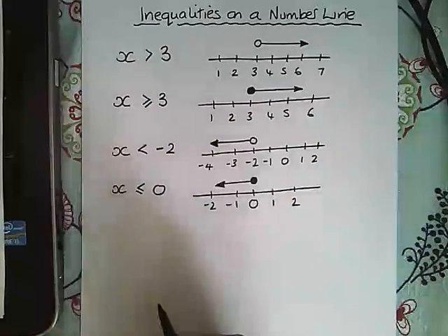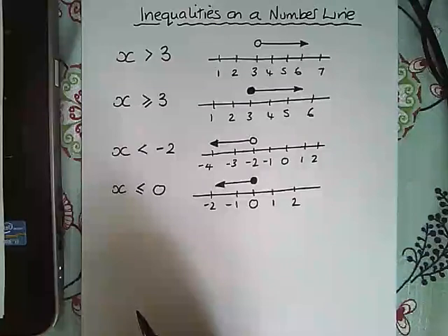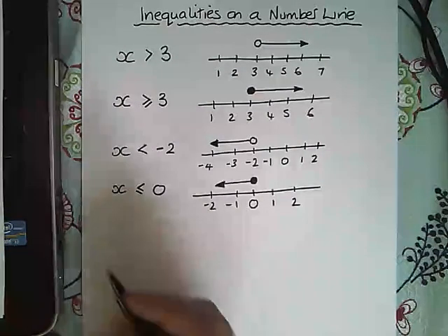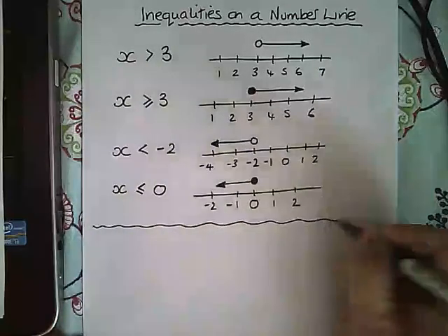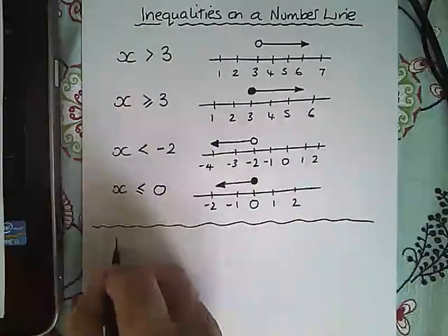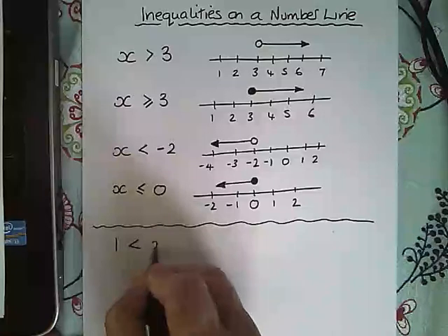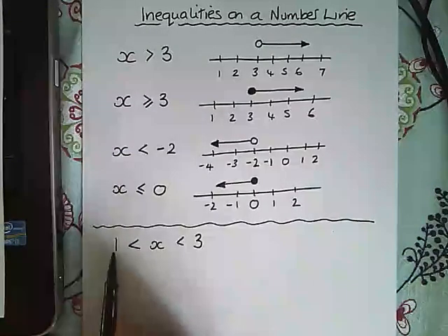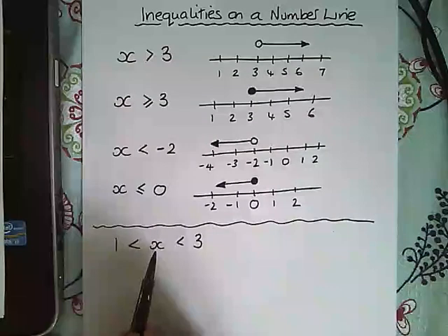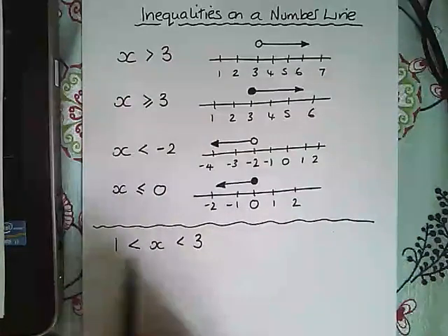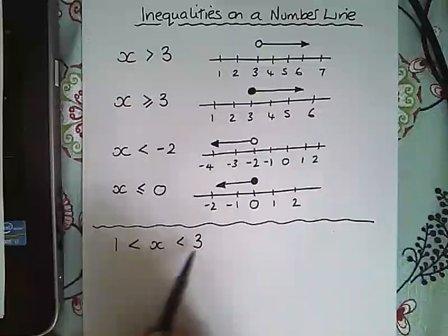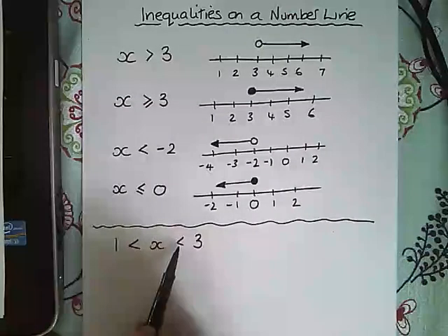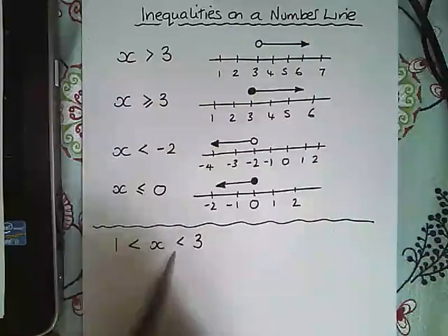We also had a look in the previous video about when you have two inequality signs. So let's have a look at those. If we have this inequality, remember this tells us that x lies between 1 and 3. Because there's no equals sign with it, it means it can't take the values 1 and 3.